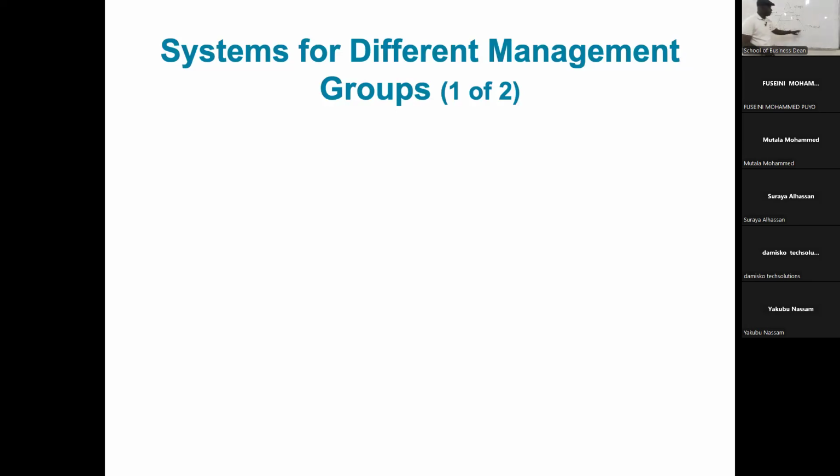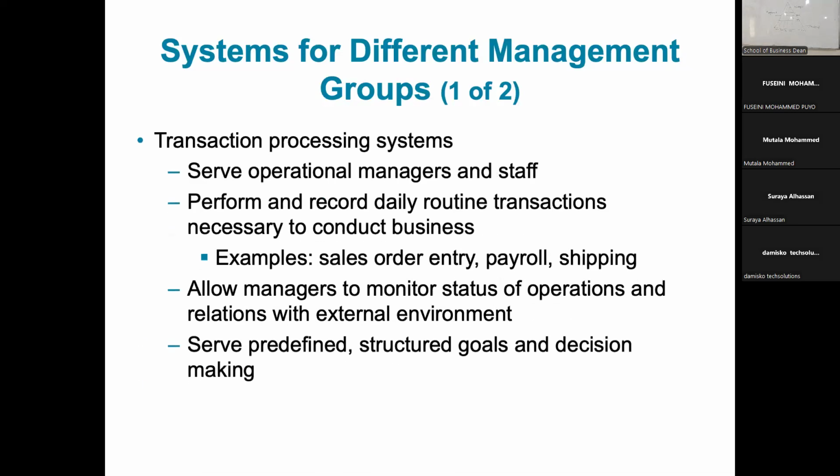So we are saying that here, because it is routine, the sort of system they use is called a transaction processing system, or TPS. It serves operational managers and staff. Why are we calling them managers?